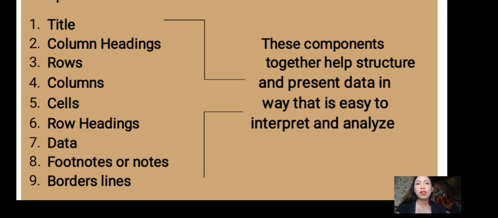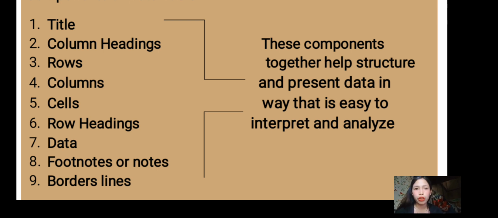And row headings are labels that identify the data within each row, often used to provide context or description for the data. And the data are the actual values of information stored within the cells of the table. And footnotes or notes are explanations or clarifications related to the specific data point or the table as a whole, providing additional context or insight.